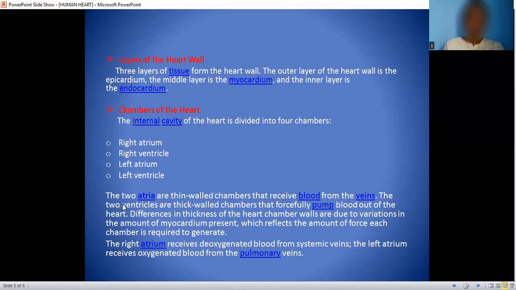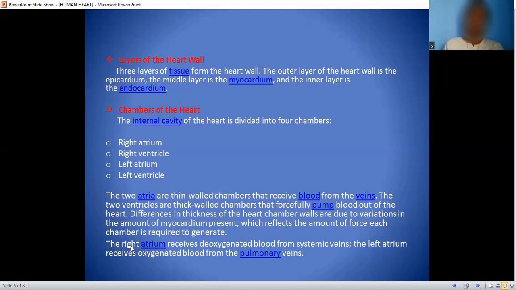The two ventricles are thick-walled chambers that forcefully pump blood out of the heart. Differences in thickness of the heart chamber walls are due to variations in the amount of myocardium present, which reflects the amount of force each chamber is required to generate.